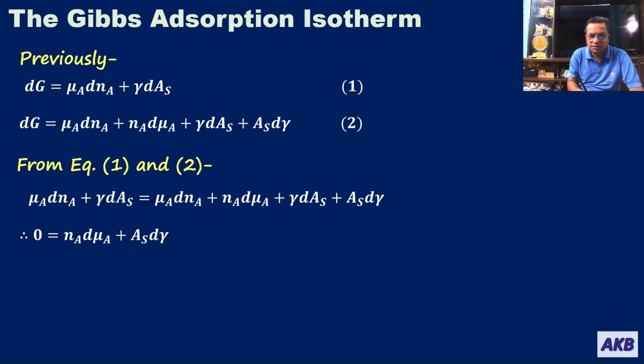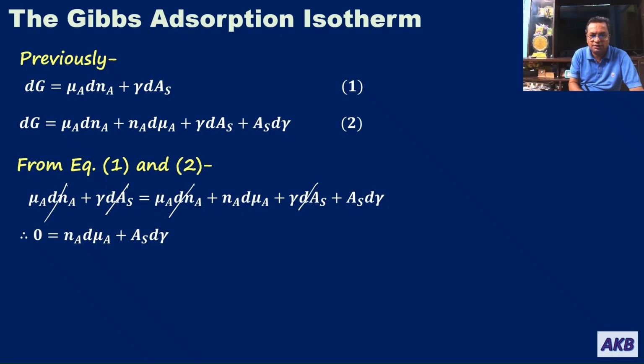So what happens? On this side you have mu A into dnA. You also have the same term on the right hand side, so they get cancelled out. And then the other term, gamma into dAs, is present on the left hand side and also on the right hand side, so this will also get cancelled out.